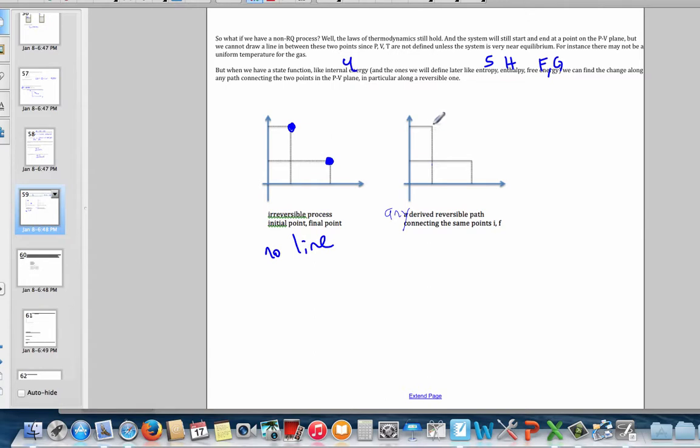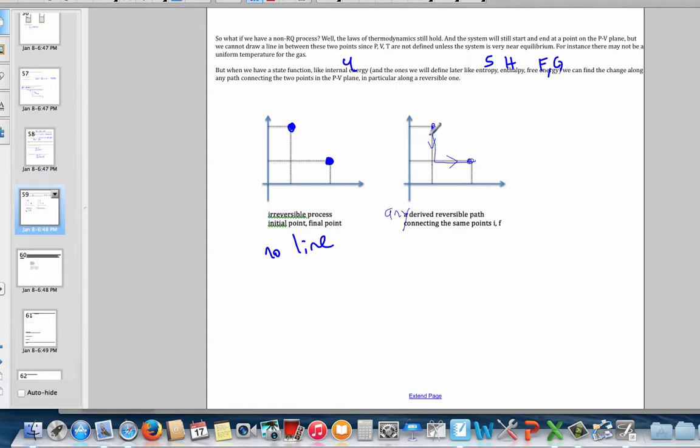Because they only depend on where you start and where you end up, if you wanted to find the change in internal energy between those two points, or the change in entropy, enthalpy, or free energy, you could use any reversible path, because any path will give you the correct change in a state function. So, for instance, you could use an isometric and an isobaric, and then you could find the heat flow using nCv dT and nCp dT, and you could find the work done using the integral of P dV, because now this is a reversible path, and those terms are well defined.